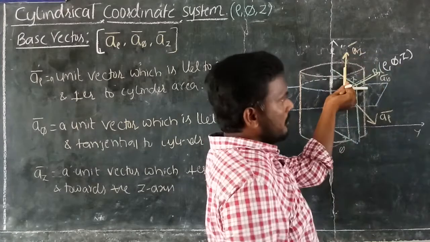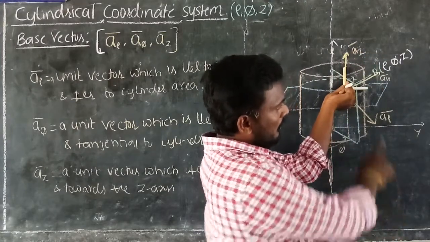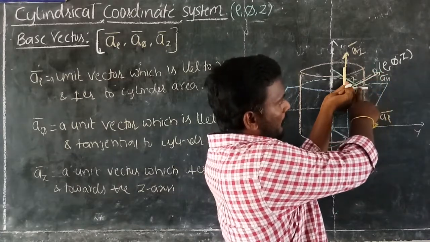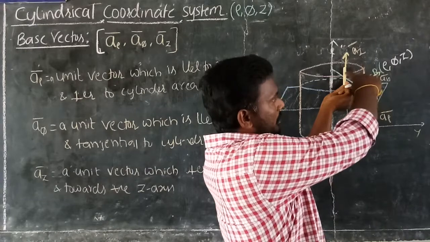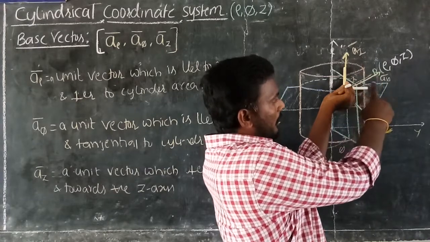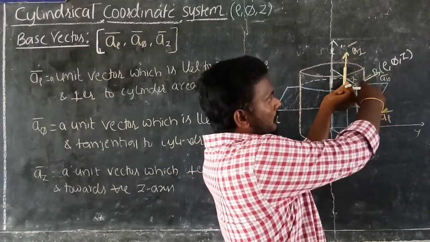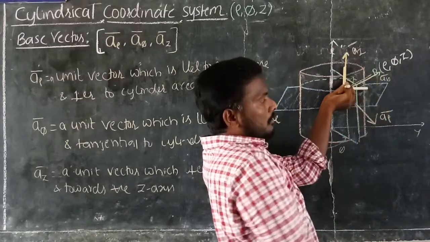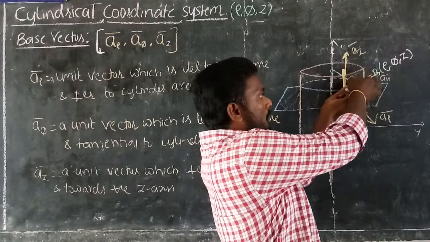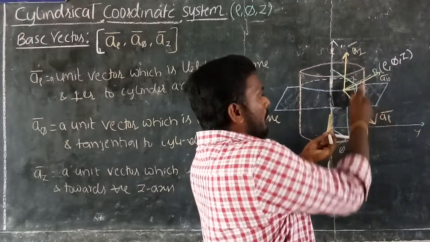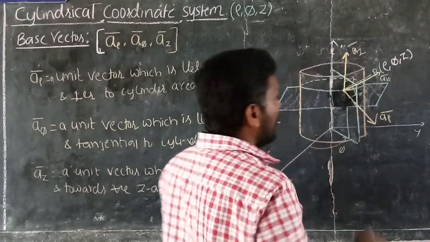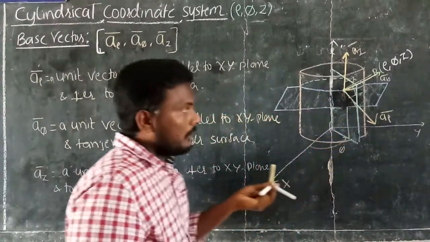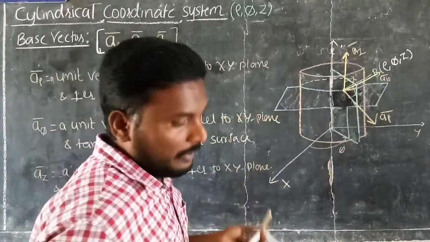Now we can easily understand the angles. If you see the diagram, you may think that it is not 90 degrees, but if you think like this, you will understand the angle between az and a rho is 90 degrees.